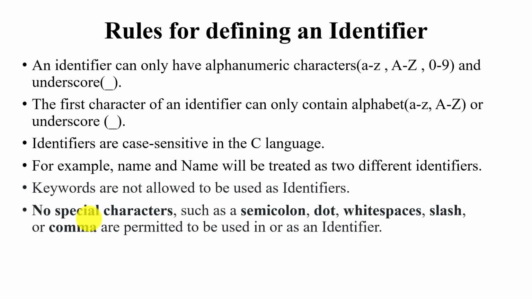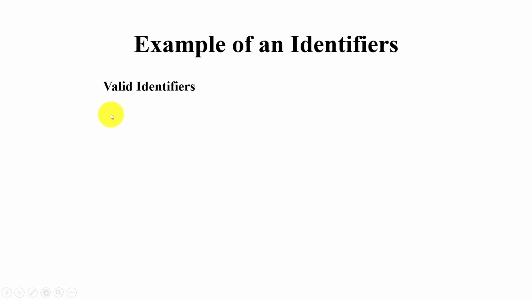Now let's see examples of identifiers. First we'll see the valid identifiers. Here we can simply write an identifier name like total, using lowercase. Average1, now we can include a digit, but it must start with a lowercase letter. Difference_1, we can use the underscore and number in between, but the first letter must be an alphabet or character.